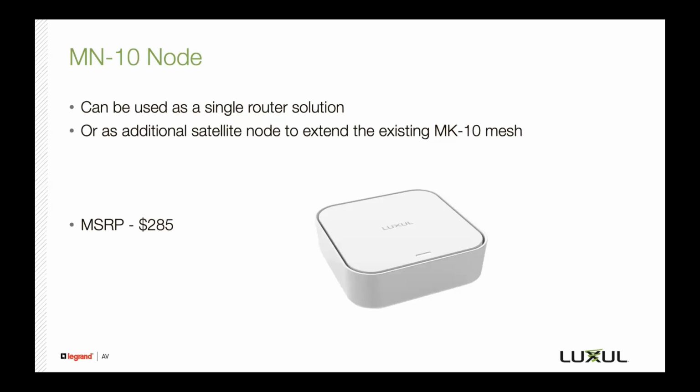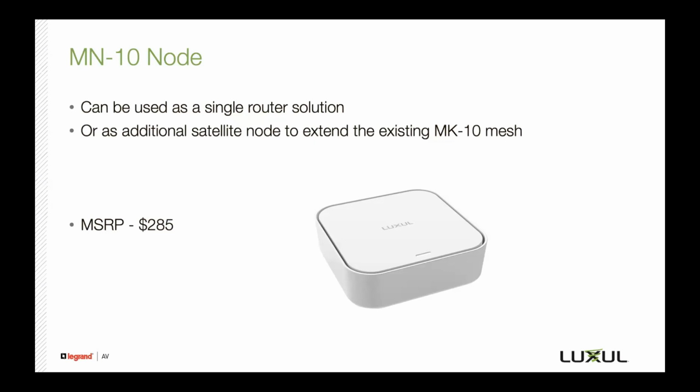As far as purchasing options go, you can buy it one of two ways. There is obviously a single node, which is called the MN10, and it can be used as a regular single router. We've actually seen some people use this as just the router, turn the Wi-Fi radios off, and then use a controller and AP setup as the Wi-Fi so that they can get the active roaming and the hardwire connected APs. This is a great router.